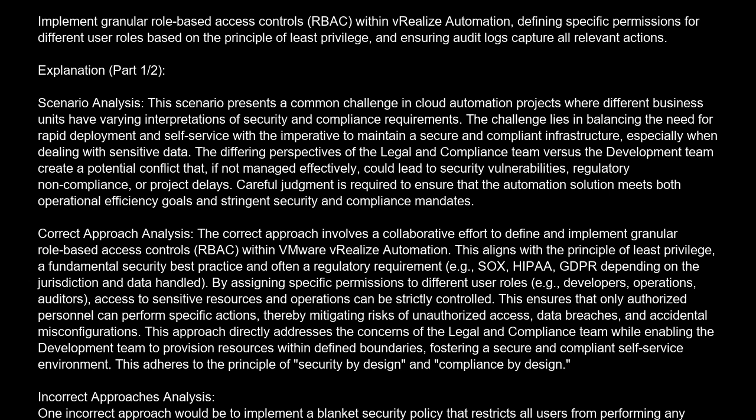This aligns with the principle of least privilege, a fundamental security best practice and often a regulatory requirement, e.g., SOX, HIPAA, GDPR, depending on the jurisdiction and data handled. By assigning specific permissions to different user roles, e.g., developers, operations, auditors, access to sensitive resources and operations can be strictly controlled. This ensures that only authorized personnel can perform specific actions, thereby mitigating risks of unauthorized access, data breaches, and accidental misconfigurations.